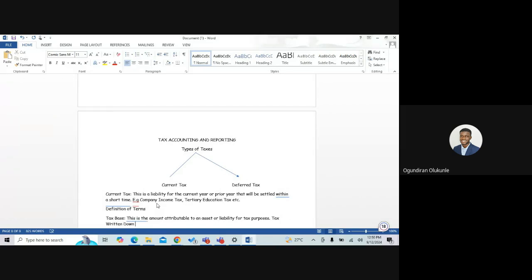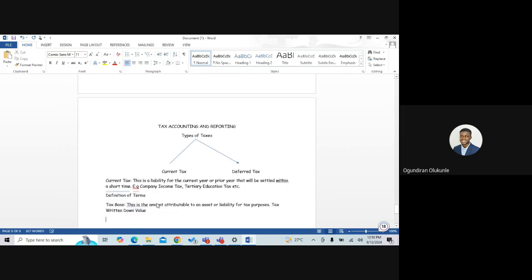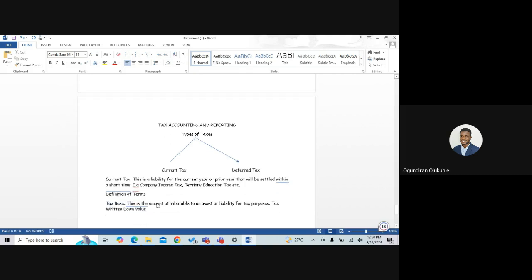I'm sure when we were doing capital allowance, we had this very much, right? So the contextual name is tax written down value of an asset or liability.